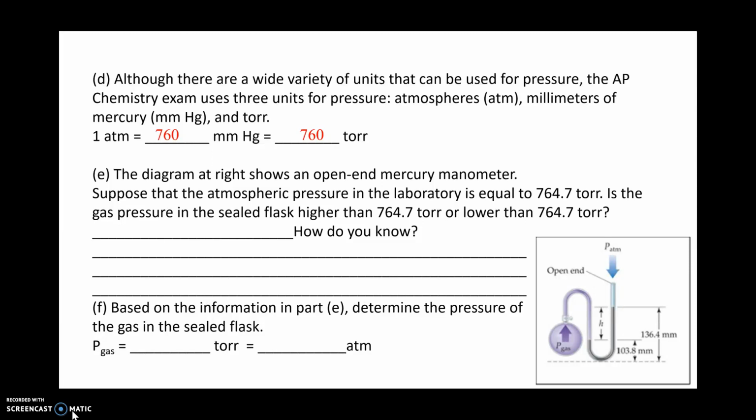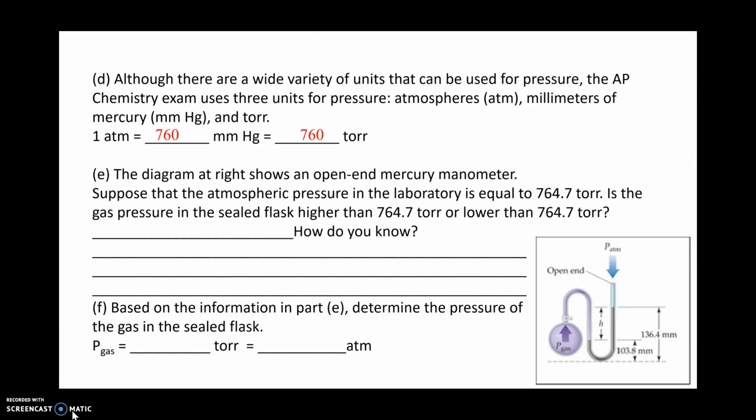So the column of mercury that would rise up in this tube was 760 millimeters high. And 1 millimeter of mercury is named after Torricelli, and that's abbreviated as a torr. So 1 millimeter mercury is equal to 1 torr. 760 millimeters of mercury is 760 torr, and that's equal to 1 atmosphere.